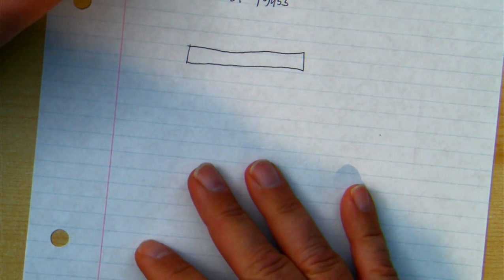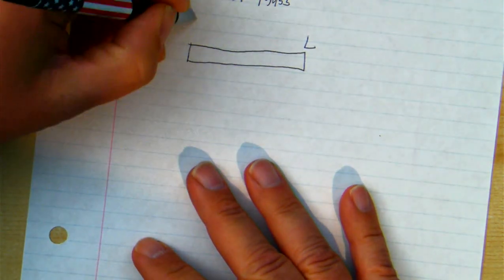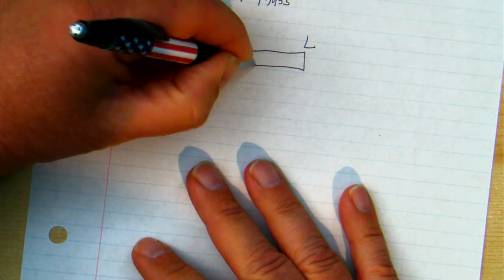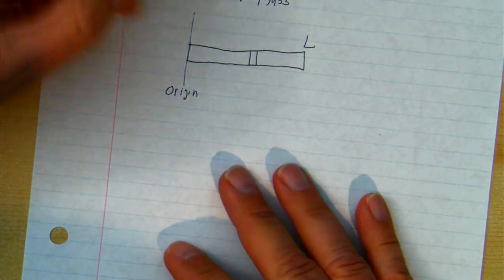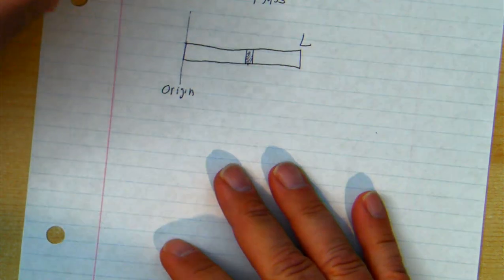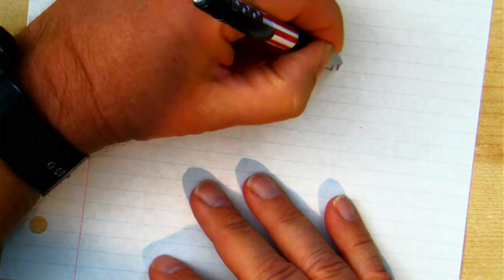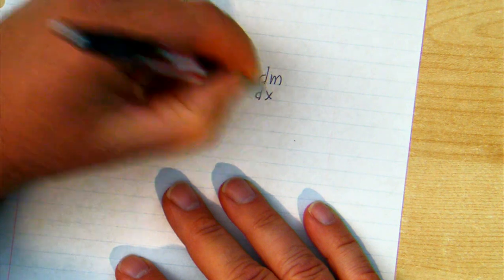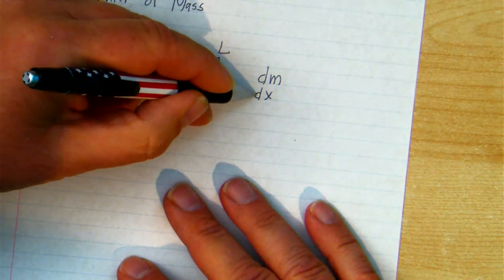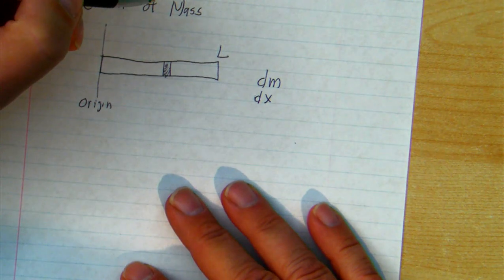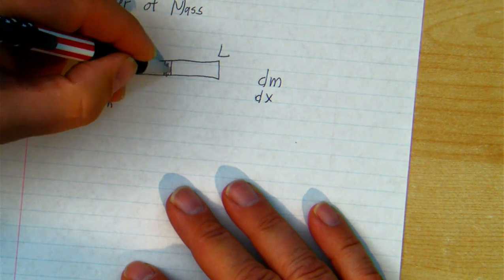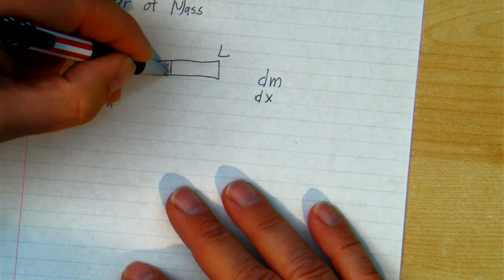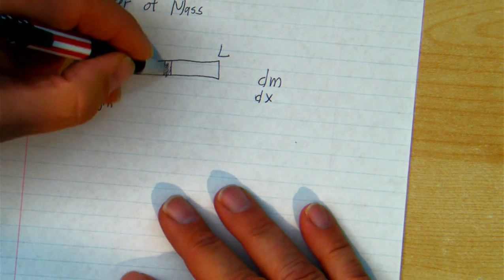So if you chose to say that this is length L and that this is your origin, and you look at some differential element of it, to convert this little guy from a differential element of mass into a differential element of position that you're used to from math class, you would ask, how much distance is there here? Or how much mass is there in this thing?